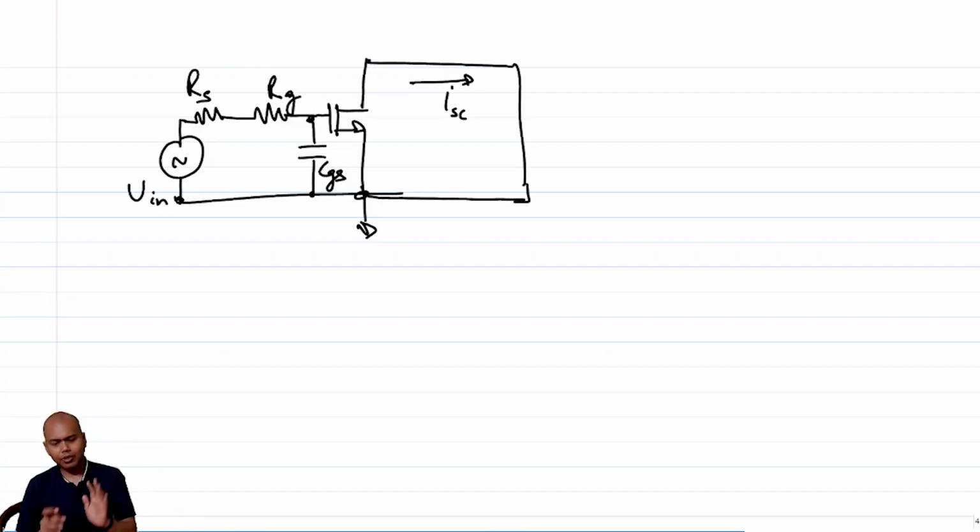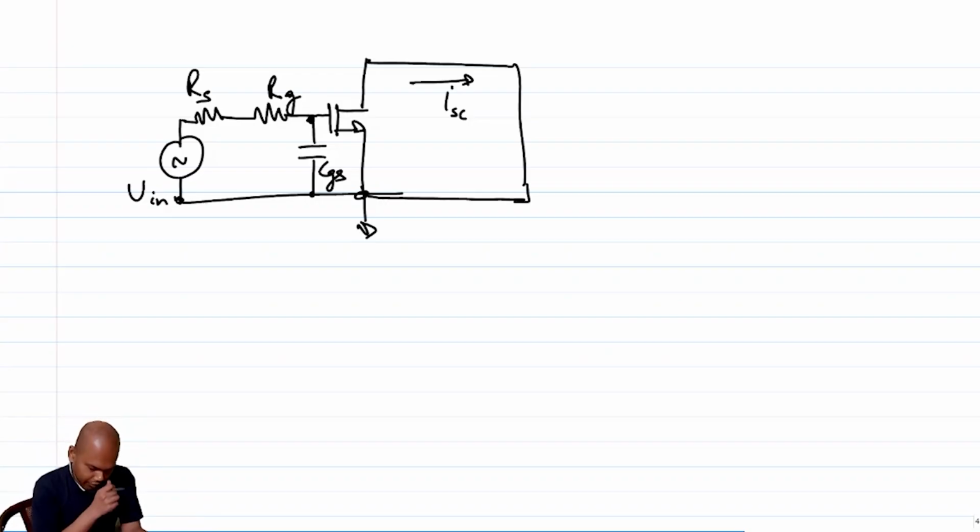And for the time being, we are not considering the IGN noise, that is the correlated noise that is coming from the channel to the gate, right? For the purpose of this calculation, we'll keep it simple, and let's see what happens.